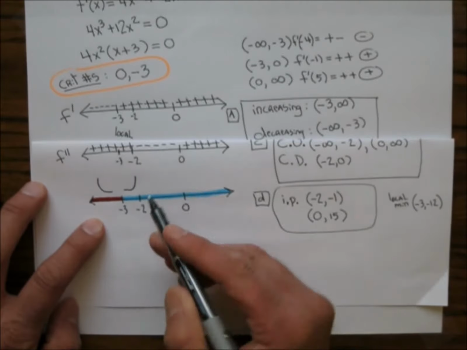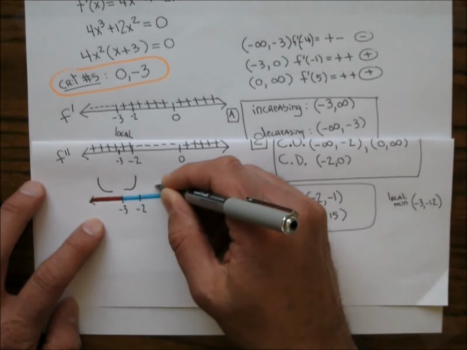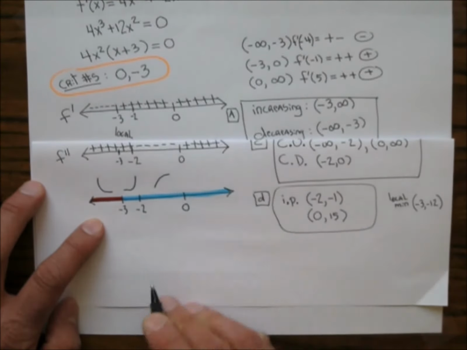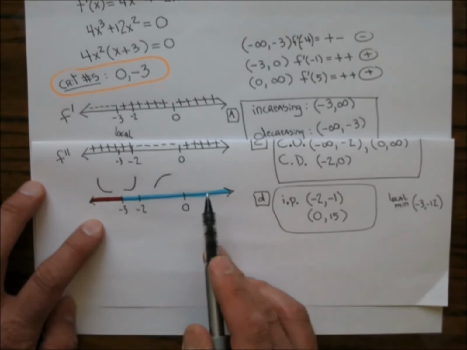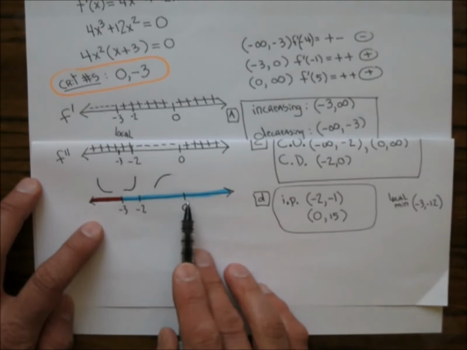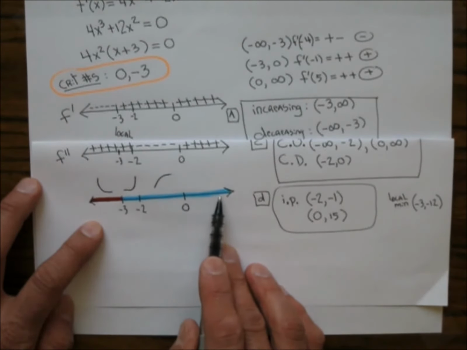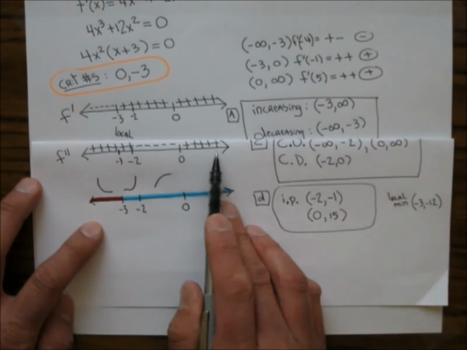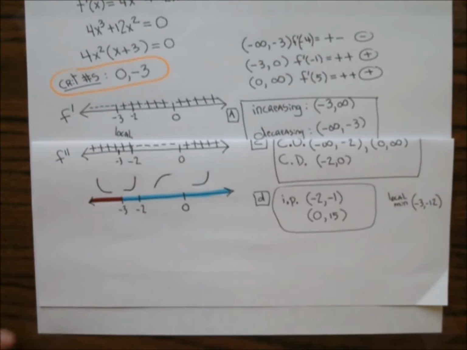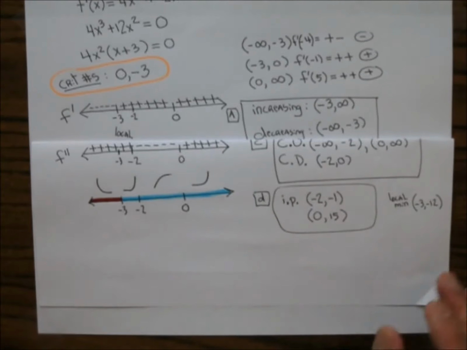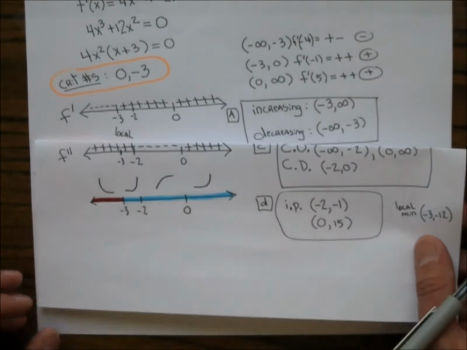Now going up concave down looks like this. So that tells me concave down, and then I'm going up because I can see the pluses. And then the last one is going up, concave up, which looks like that. Okay.